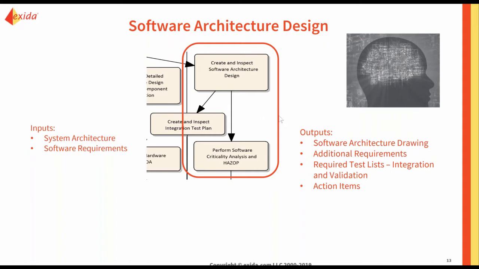The outputs from this step, including both the actual design itself and design verification, which is software criticality analysis and HAZOP, we've lumped these together. The outputs generated by this merged task are the software architecture drawing, additional design requirements, required test list, and action items that need to be followed to verify product quality.